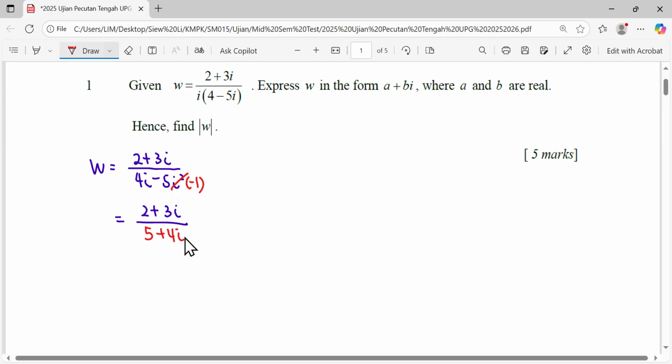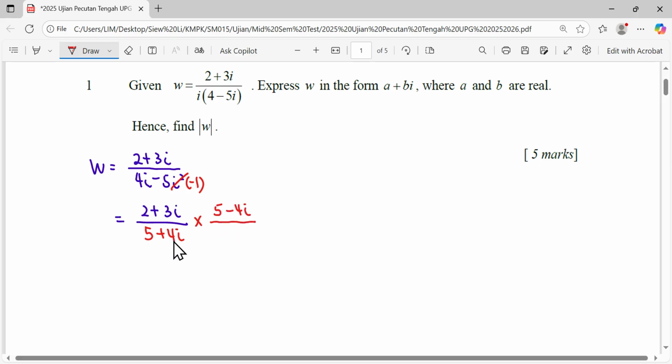So with this condition, division for complex number, the way to simplify it is to multiply with its conjugate to rationalize the denominator to become a real number. So the conjugate for the denominator complex number will be 5 minus 4i.